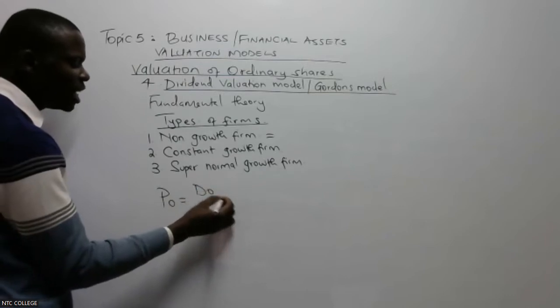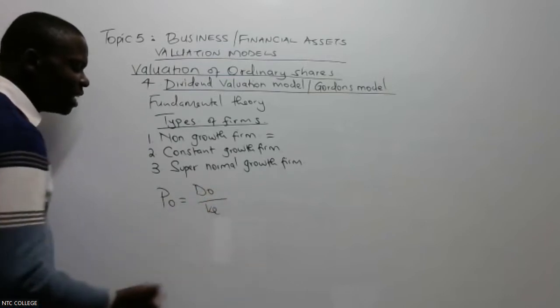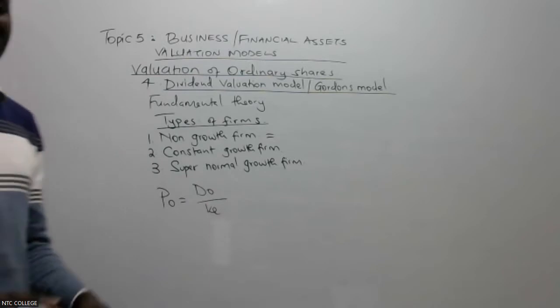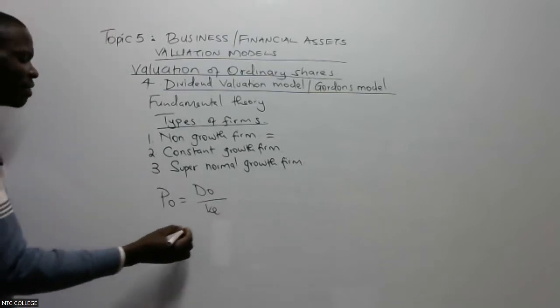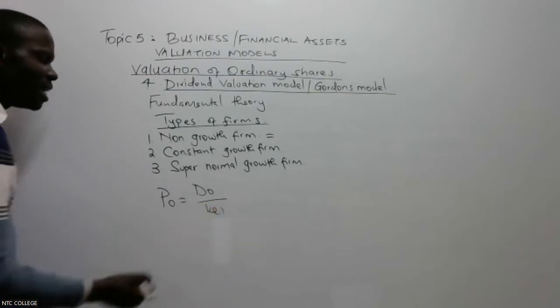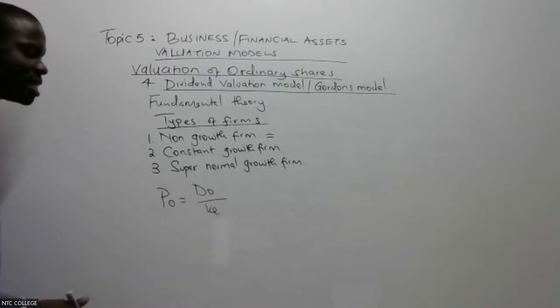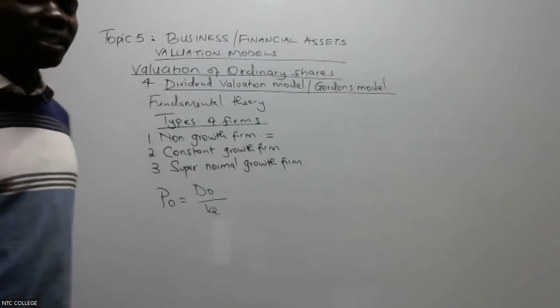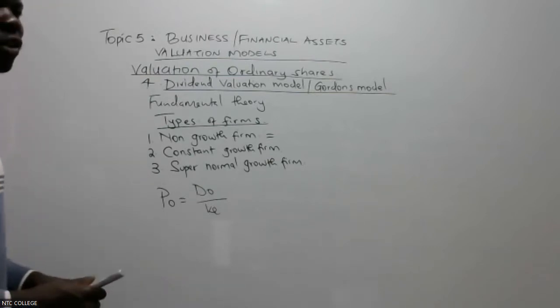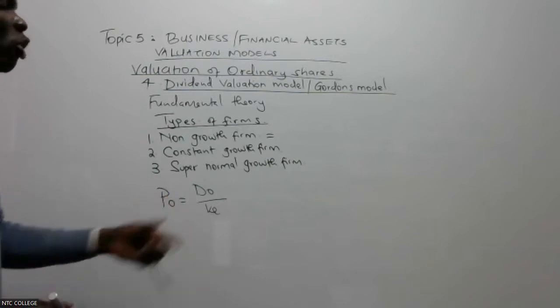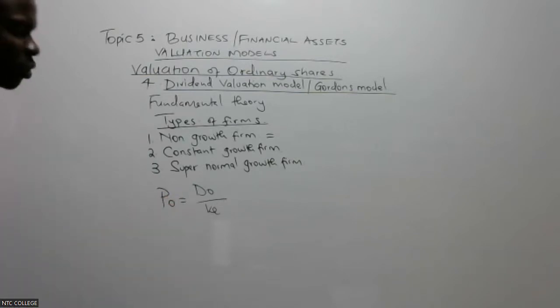So we take D0 over Ke. Remember when we were introducing the concept here, we said that the required rate of return is Ke, which stands for the cost of equity. At any given point when you are doing valuation, the component cost will always be the required rate of return.